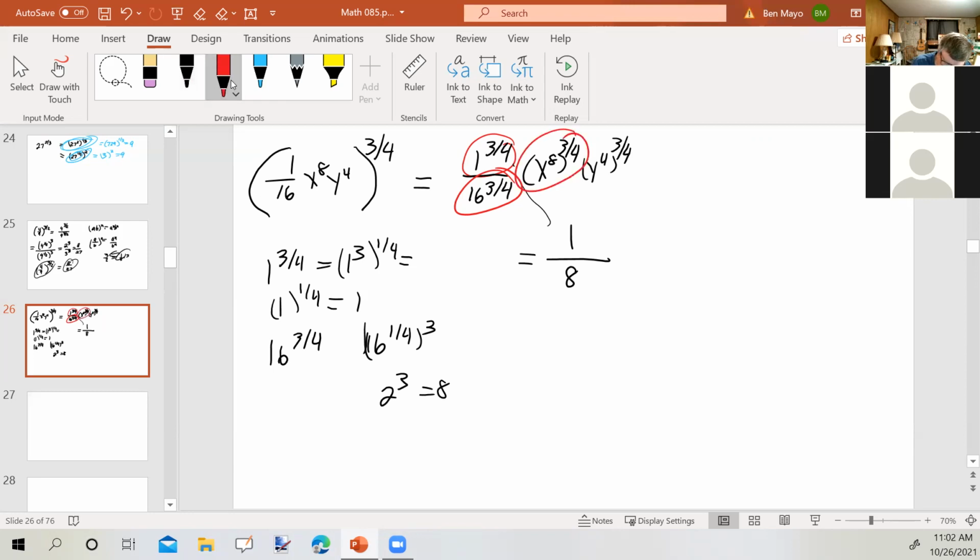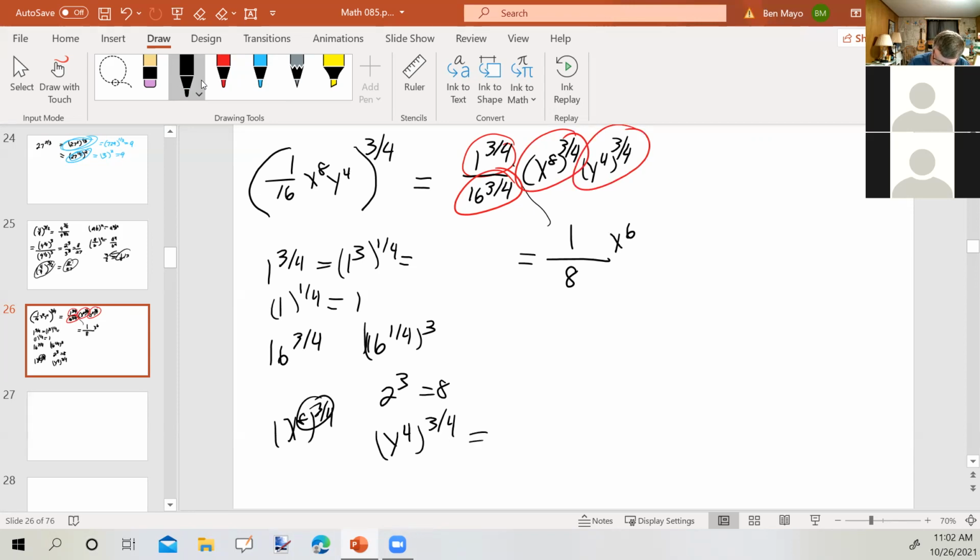And this one, x to the 8th to the 3/4 power, power raised to a power, you'd multiply the powers. 8 times 3/4 is 24/4, or x to the 6th. And then this one, same thing, power raised to a power, you'd multiply. 4 times 3/4 is 3.